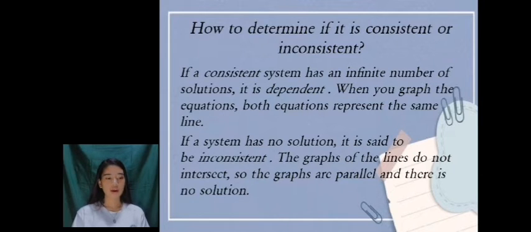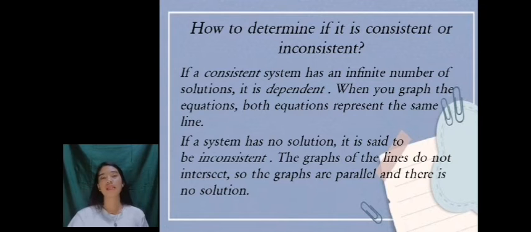When you graph the equations, both equations represent the same line. So we can identify that it is consistent, under the dependent, if the two linear equations have the same line. As you can observe in the previous slide, I gave some examples or pictures of how to determine if it is consistent and dependent.